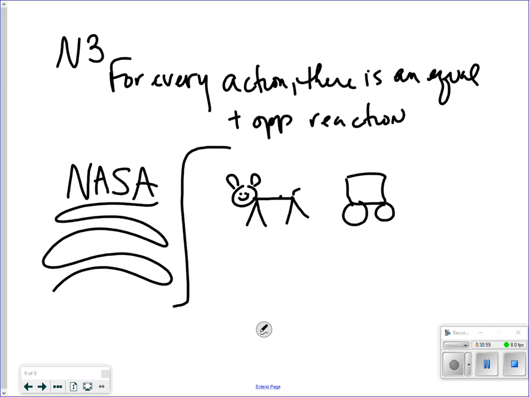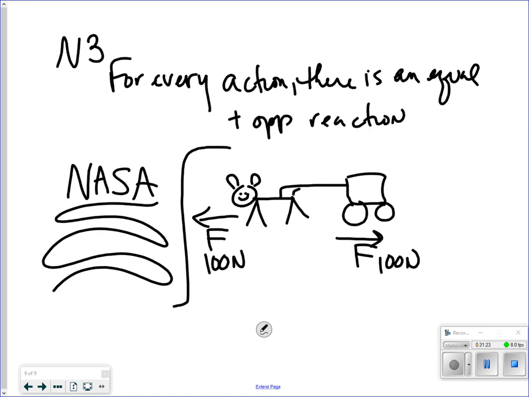I never claimed to be. So there's the horse, there's the wagon, right? So here goes the horse, and it's pulling this way. We say, the horse pulls on the wagon, and then the wagon pulls back on the horse with an equal and opposite amount, like 100 newtons this way, and 100 newtons that way. Well, how can the cart ever move? And that was always the giant paradox, right?